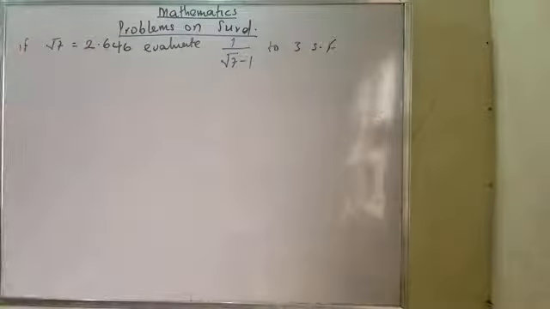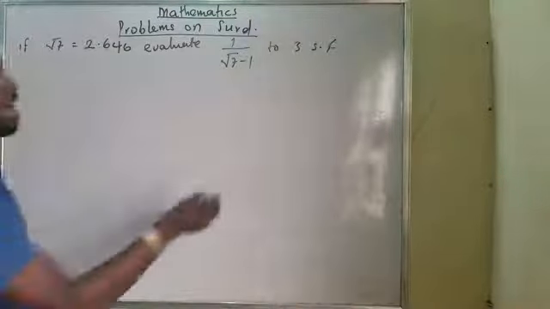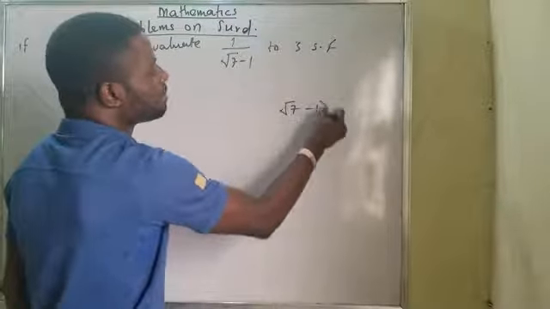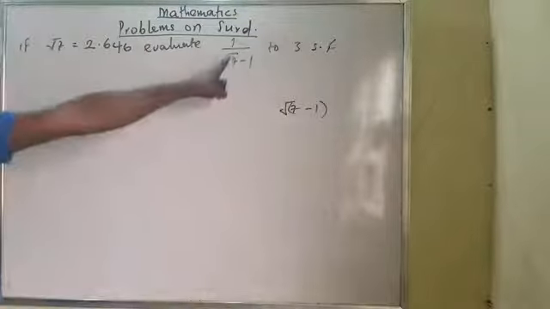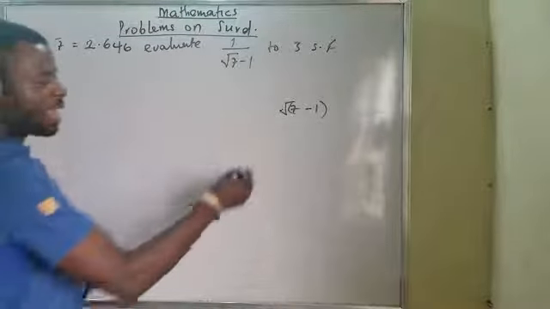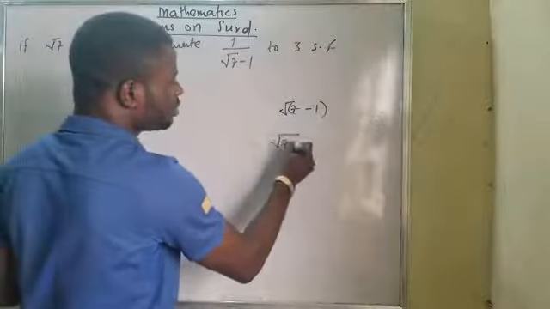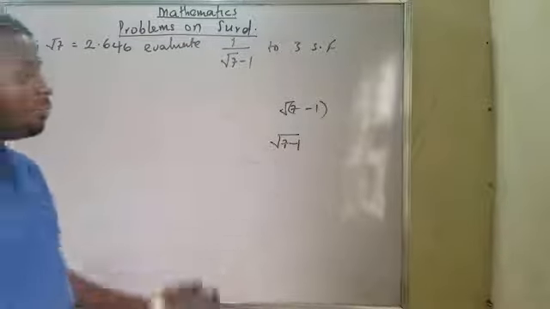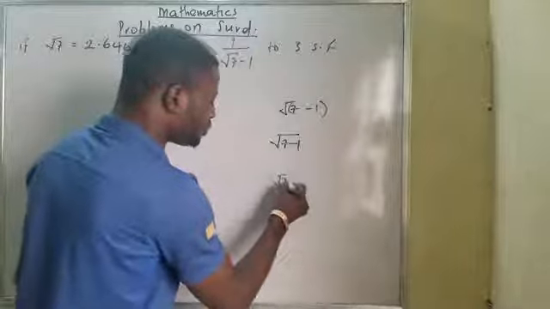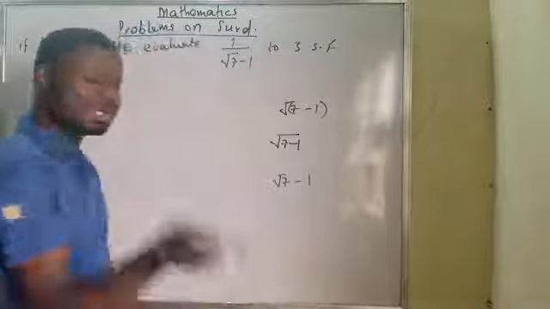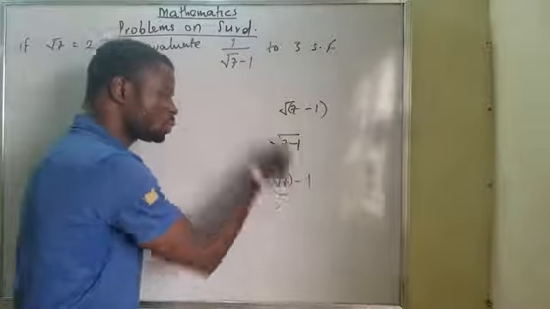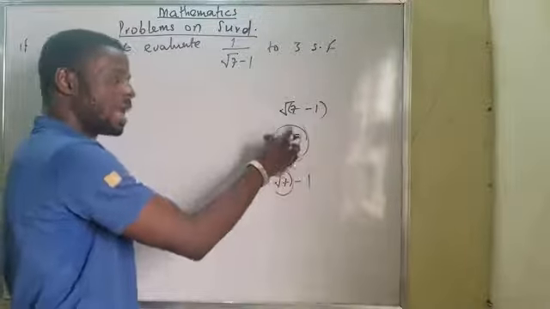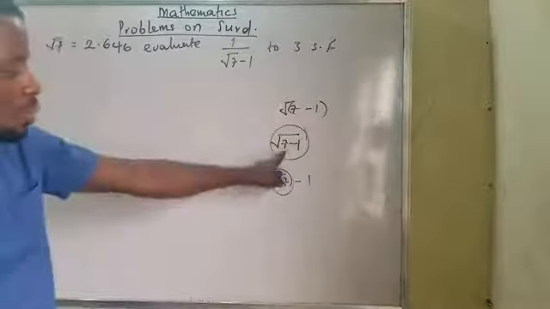Now, look at this problem. If I have something like this, root of 7 minus 1 with brackets is different from what is here. And if I have root of 7 minus 1, it is also different. But if I have it this way, it means the root only belongs to 7, not to minus 1 and 7.